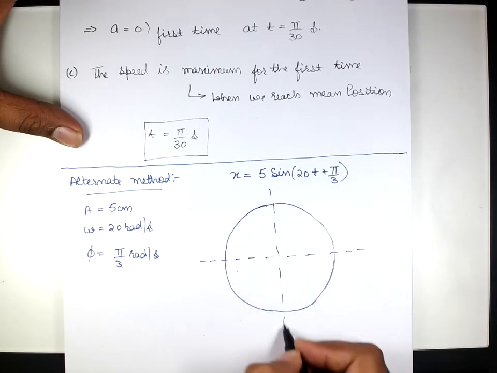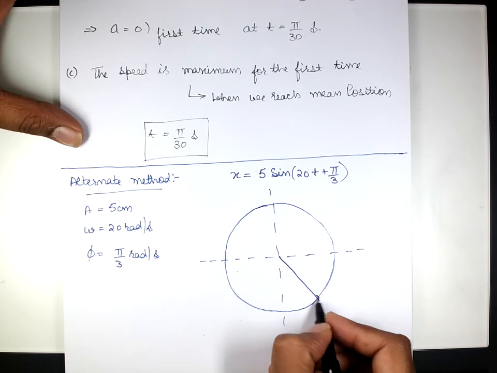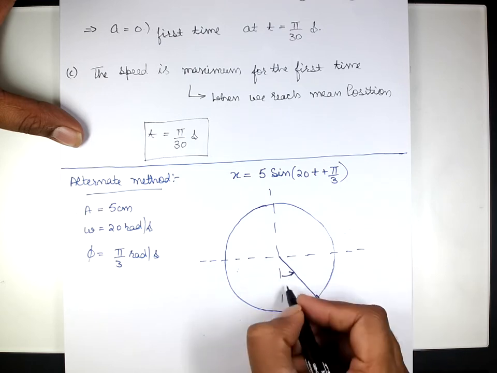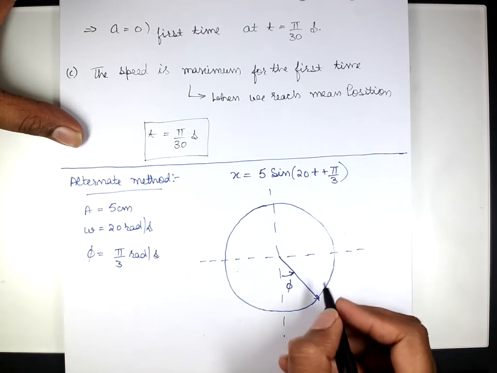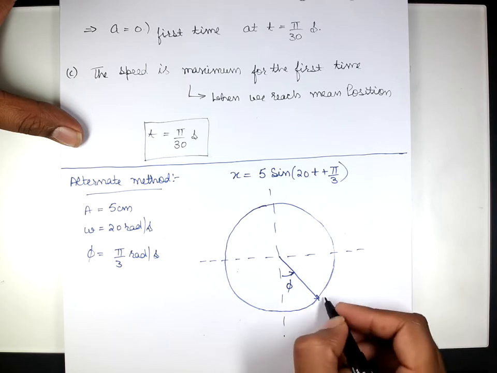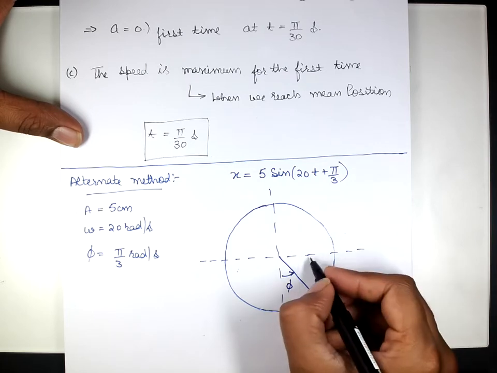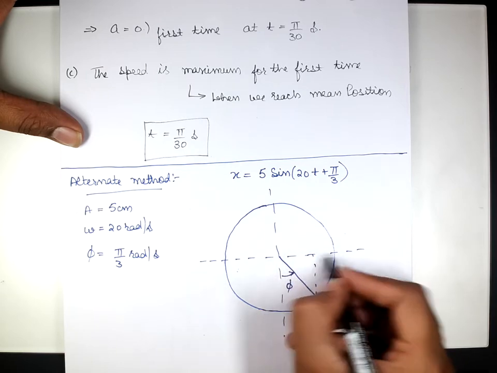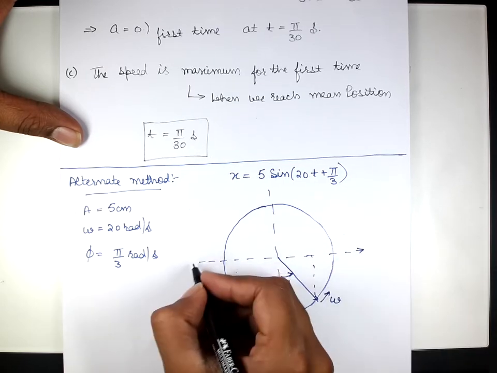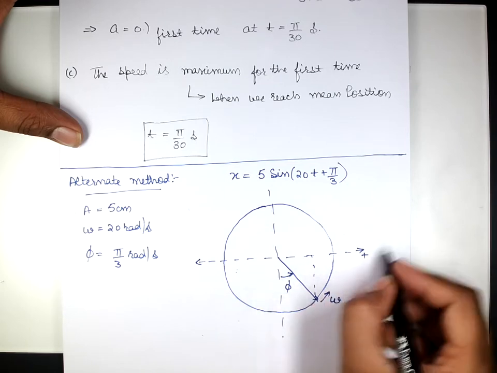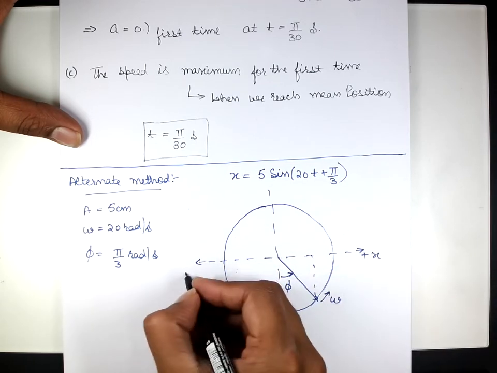Basically we would have a vector which starts with an angle phi, which in this case is pi by 3, and moves in an anti-clockwise direction with an angular speed omega. Now the projection of this particular particle on the x-axis gives the equation of SHM, or the sine part, so that can be treated like an SHM.